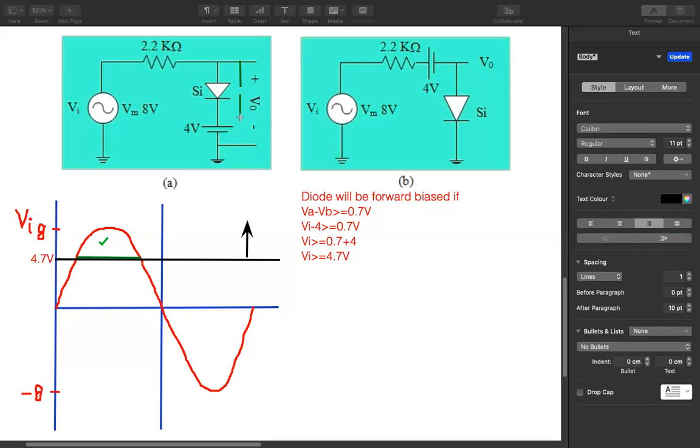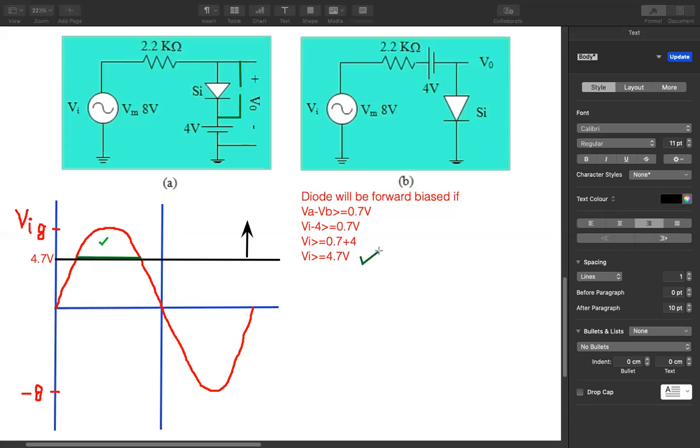In case of reverse bias, your circuit will look something like this. I have simply open circuited the diode. Now you have to remember that this is the equivalent circuit for a silicon diode in reverse bias. When reverse bias happens will be decided with the help of this equation.